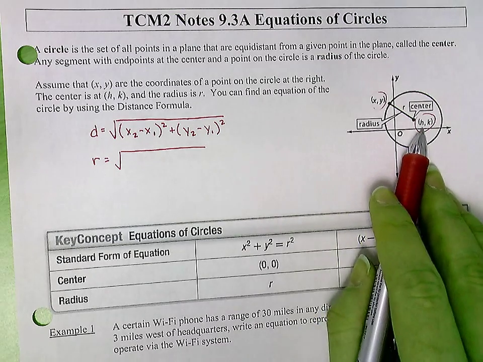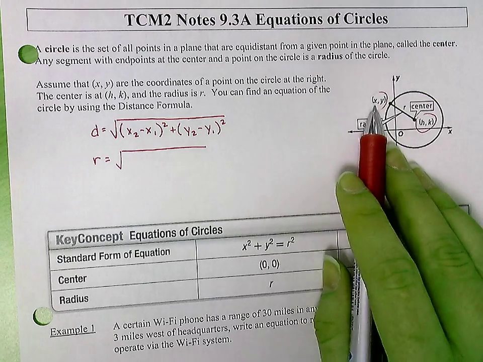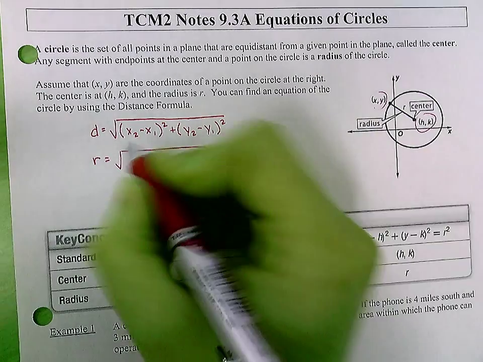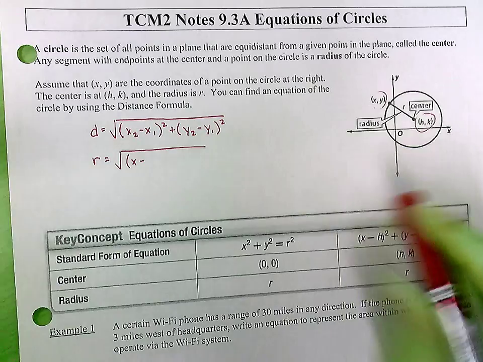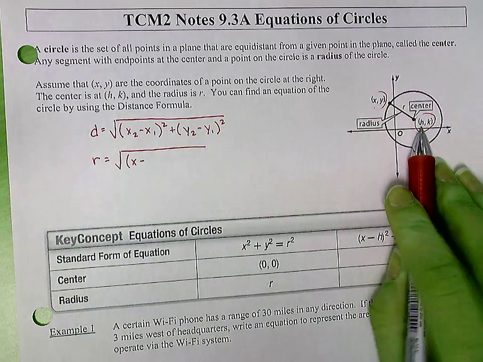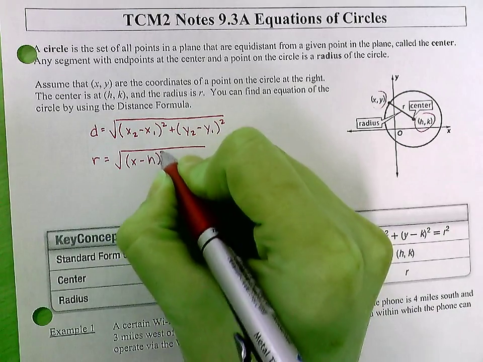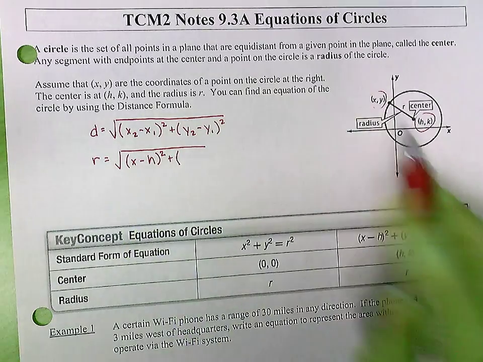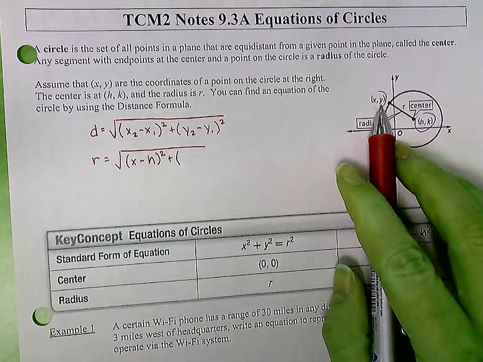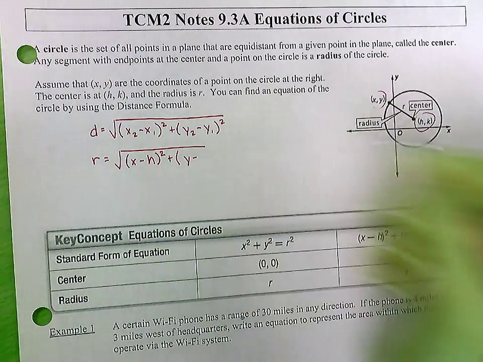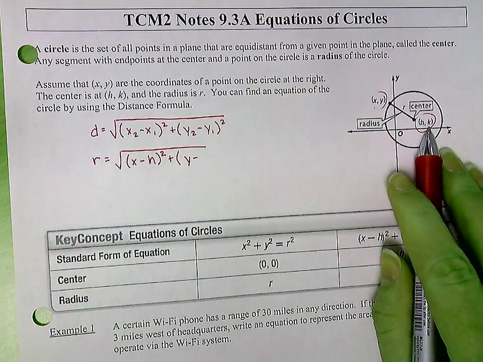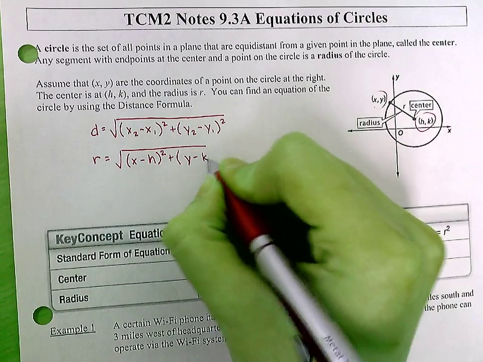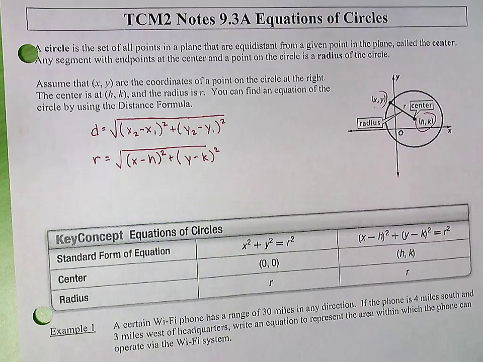Since I'm using these 2 points, I'll call this x sub 2, so we'll have x minus x sub 1, which is h, squared, plus, since I started over here, this is my y sub 2 value, so we have y minus k, my y sub 1 value, squared.